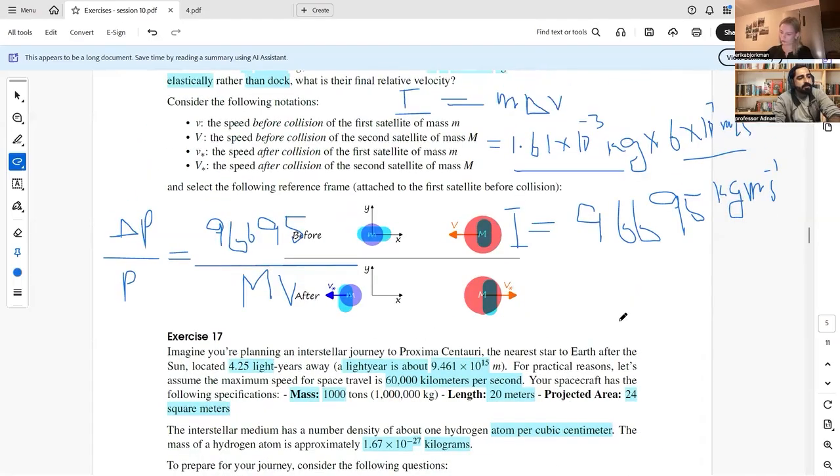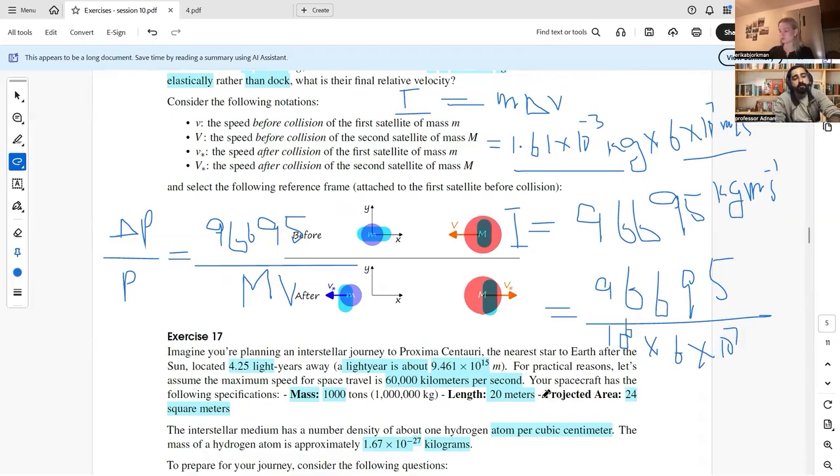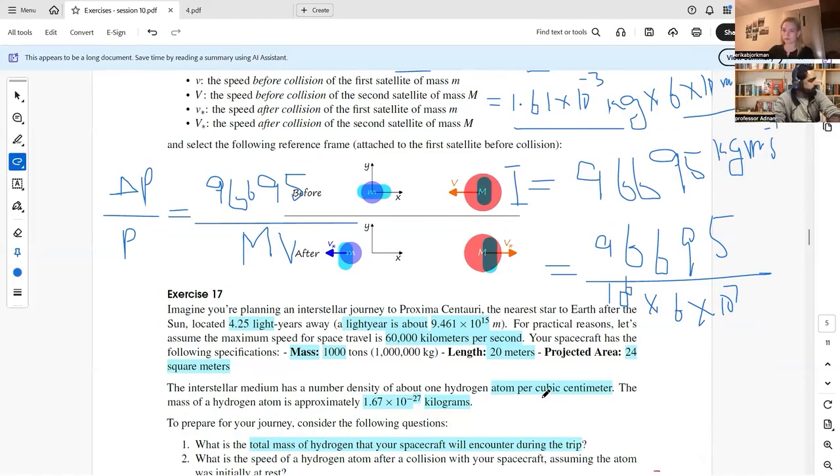So let us replace the values in it. 96695 divided by mass, which is 10 raised to the power 6, multiplied by the velocity, which is 6 cross 10 raised to the power 7. You can observe the denominator is so much greater than our numerator, almost 8 or 9 orders of magnitude greater.